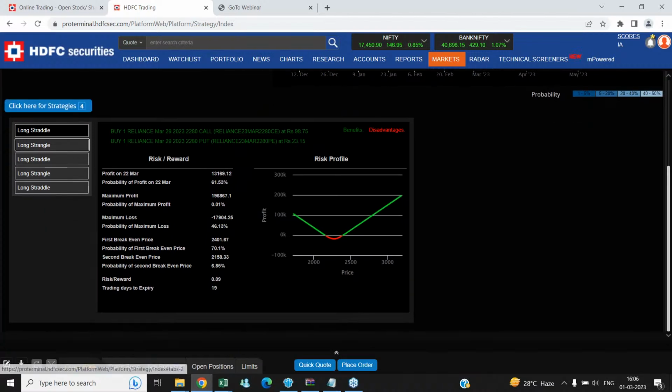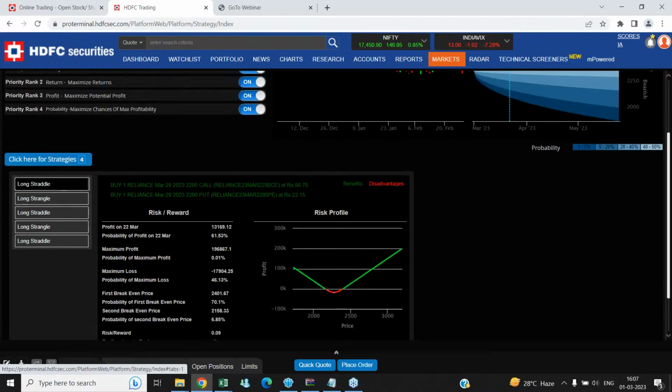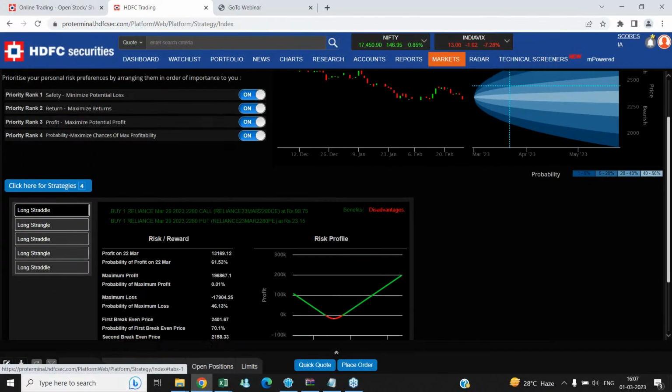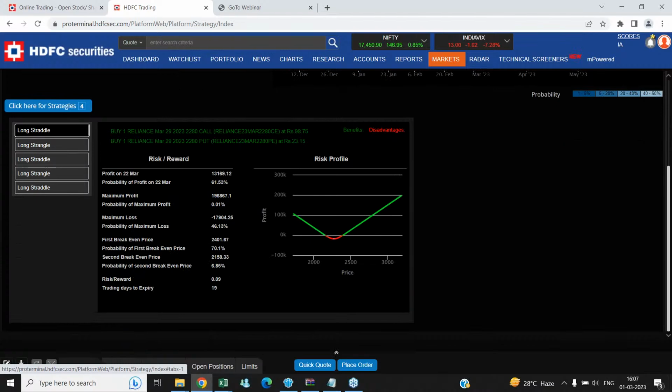There are various strategies available with the strike price to buy and the strike price to sell, and it will also give you all the statistics, like the payoff chart, the probability of profit, the probability of maximum profit, the probability of maximum loss, and the first break-even point, after which you start making money. So here it will showcase all the important details of the strategy.